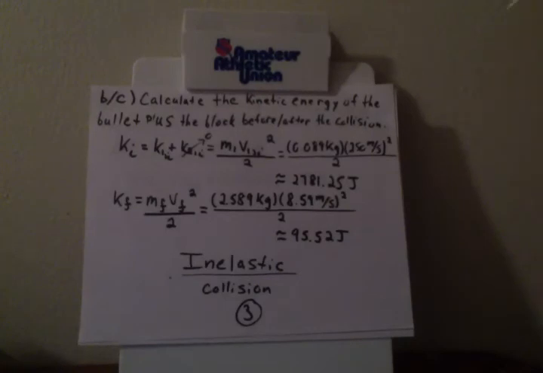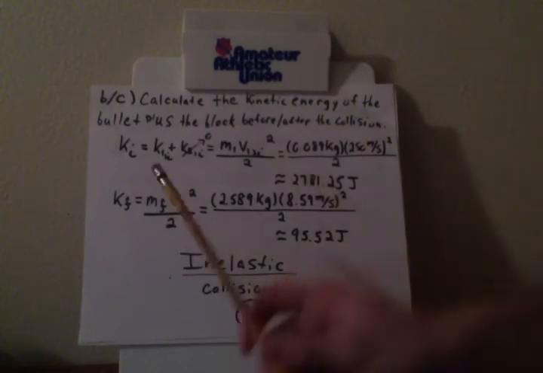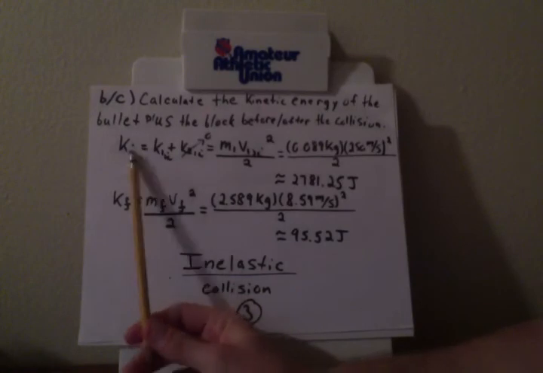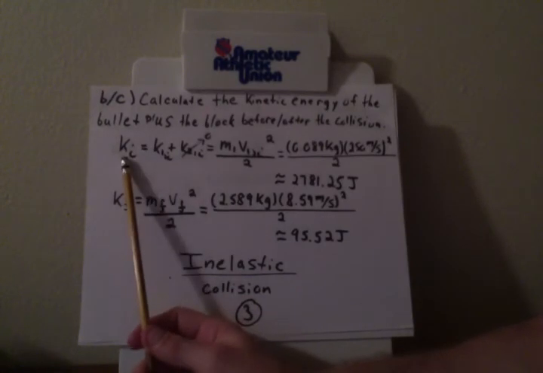Okay, I merged parts B and C together because they're pretty much the same thing. Calculate the kinetic energy before and after the collisions. Okay, initially I would regard that as the total kinetic energy, even though I didn't write it.